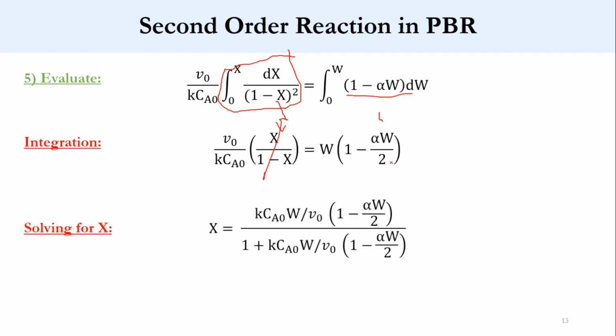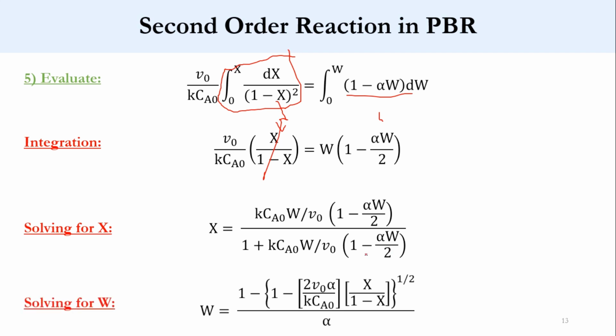So you get X is equal to K Ca naught W over v naught into 1 minus alpha W over 2, divided by 1 plus K Ca naught W over v naught into 1 minus alpha W over 2. And if you want to solve it for W, you get W is equal to 1 minus bracket 1 minus 2 v naught alpha over K Ca naught into X over 1 minus X, whole raised to power 1 by 2, or square root, divided by alpha.